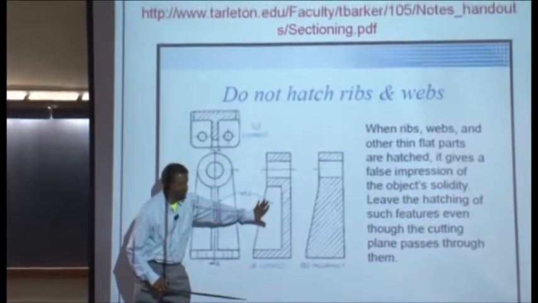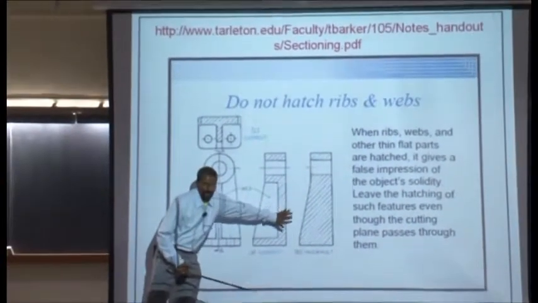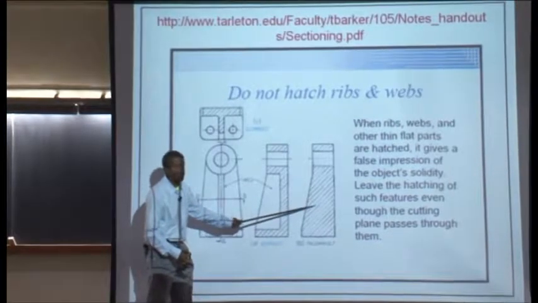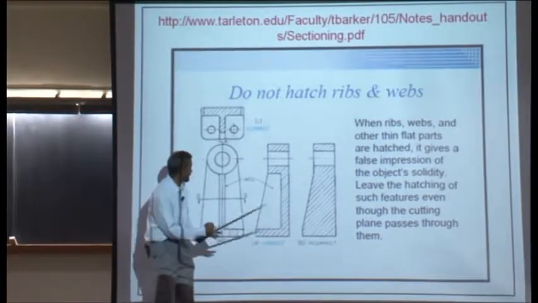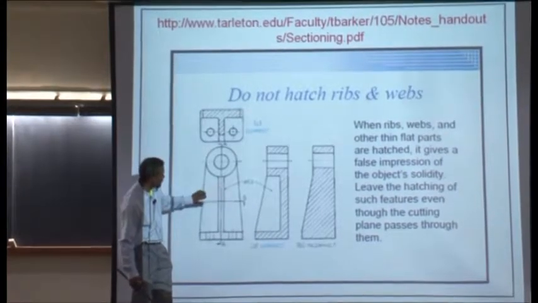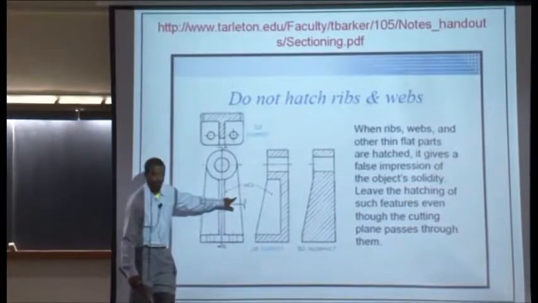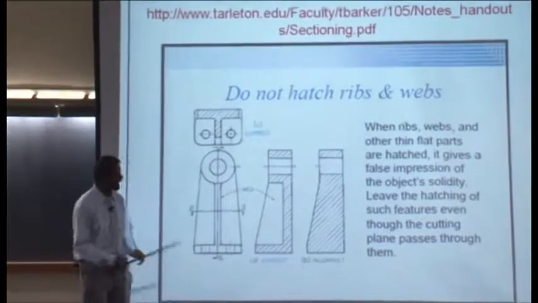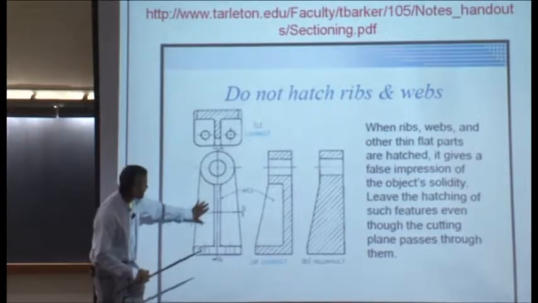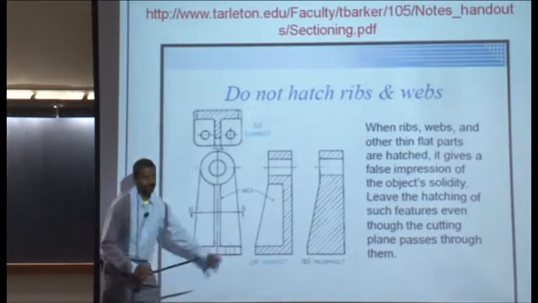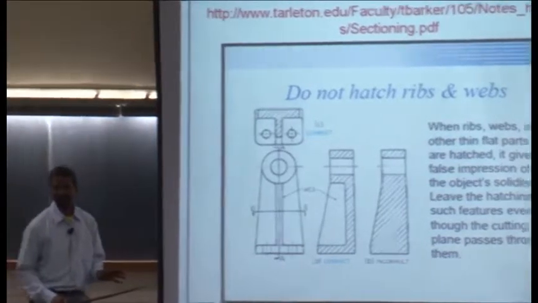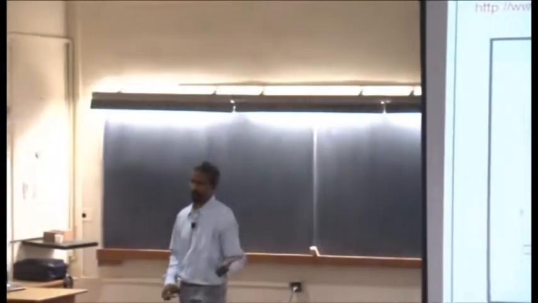If you section it, you would see a picture like this, and that would give you the wrong impression that this web is actually quite thick and runs from here to here. This picture would give you the impression that material is present here and here as well. To avoid that misimpression, we do not section webs or ribs.